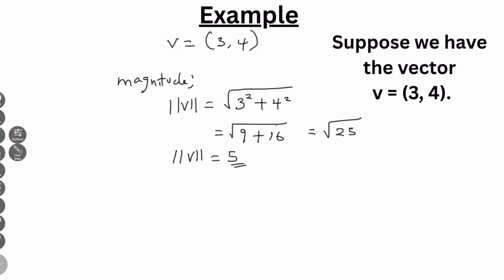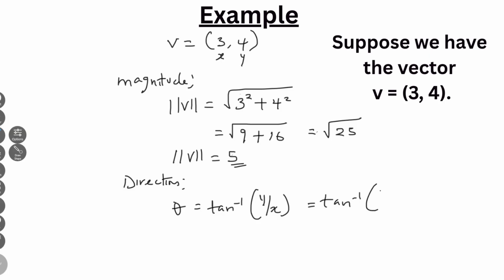To find the angle of this vector, or the direction, we use the formula theta equals tan inverse of y over x. Remember, the first number is x, while the second number is y. So we have tan inverse of 4 over 3.